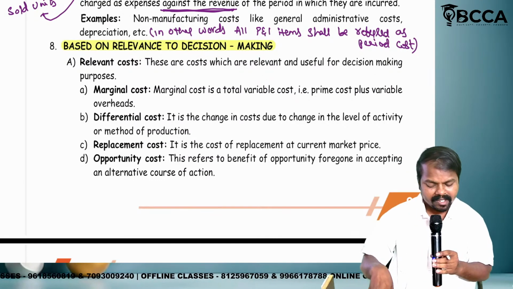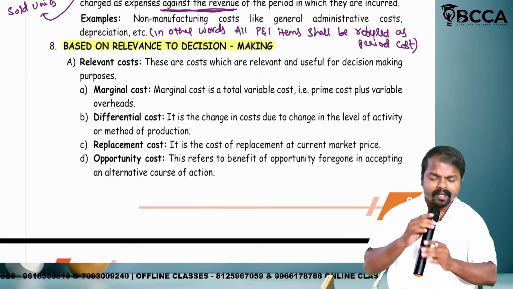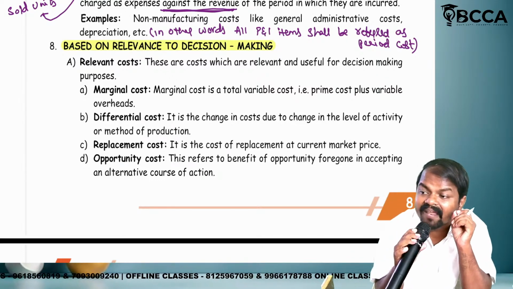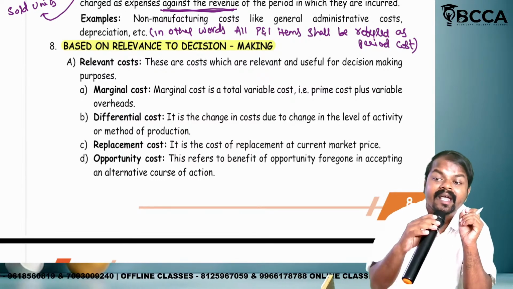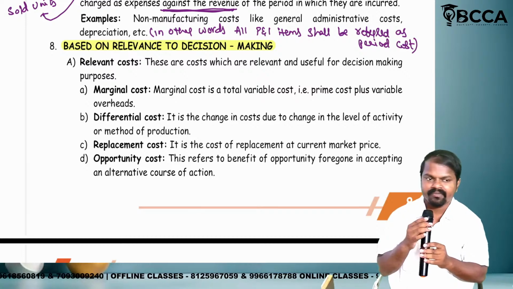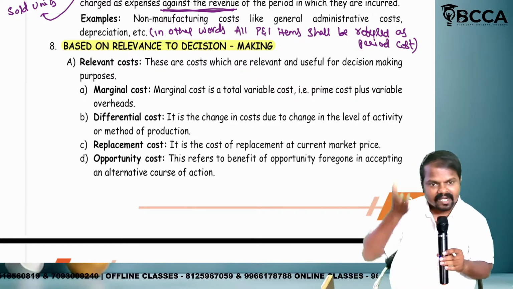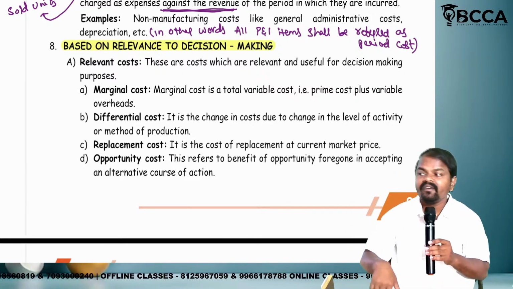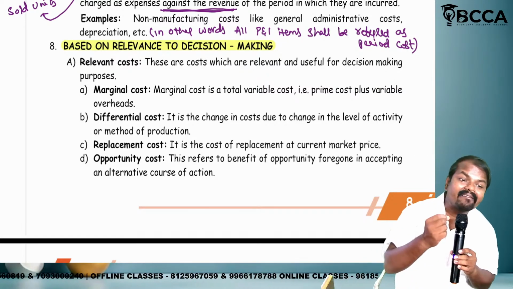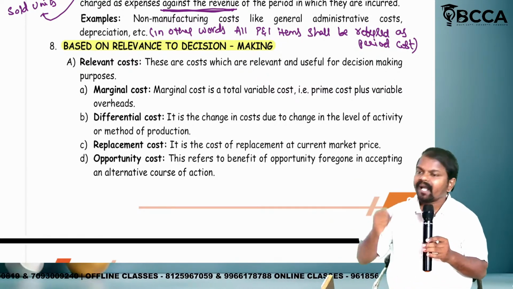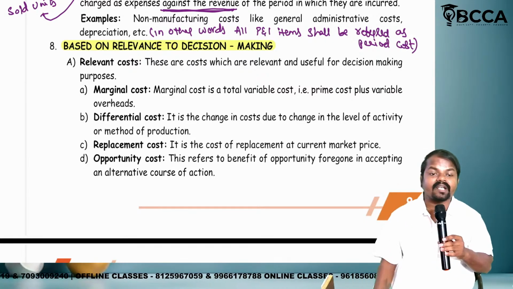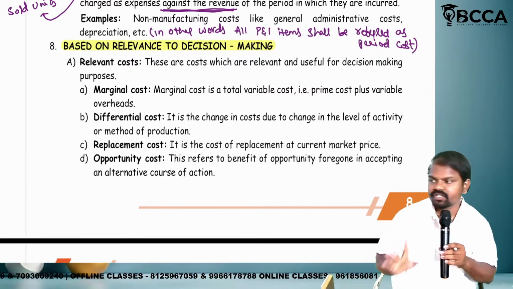Listen clearly. Any information which is relevant or helpful for current year decision making shall be referred to as relevant cost. Any cost which is not relevant to the current year decision making is called irrelevant cost.